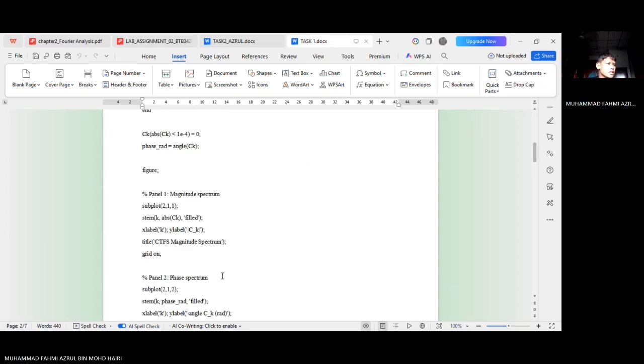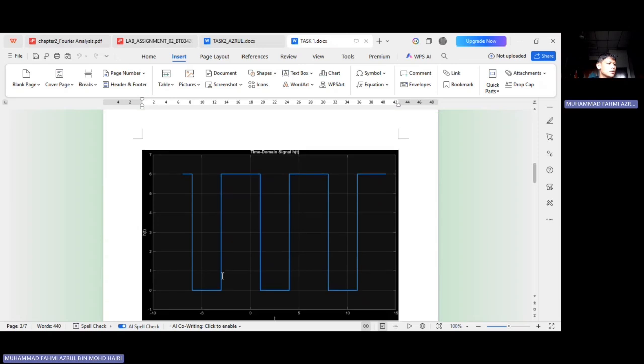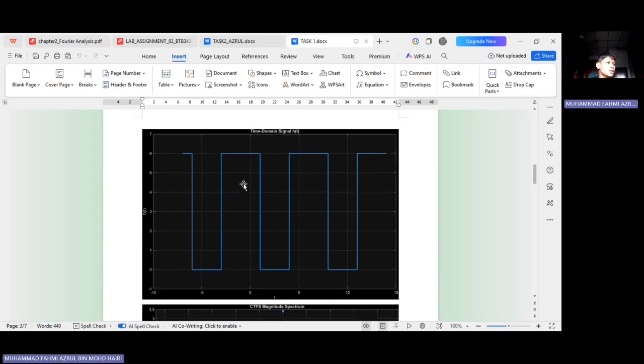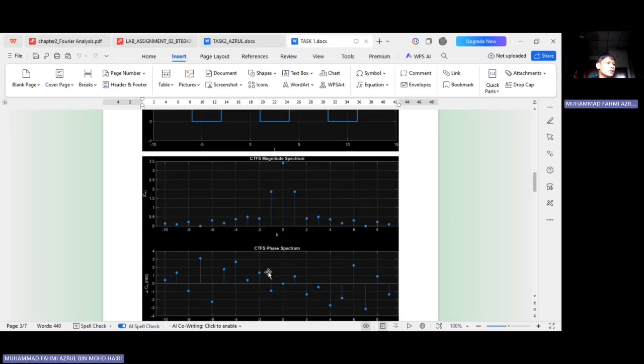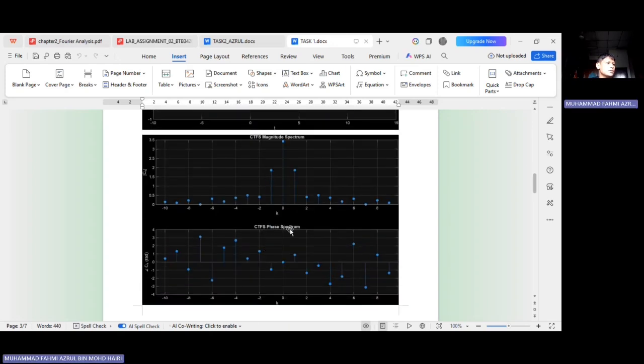Next, we show the graph result. This is the time signal for synthesis using the square wave, and this is the magnitude spectrum of ck.